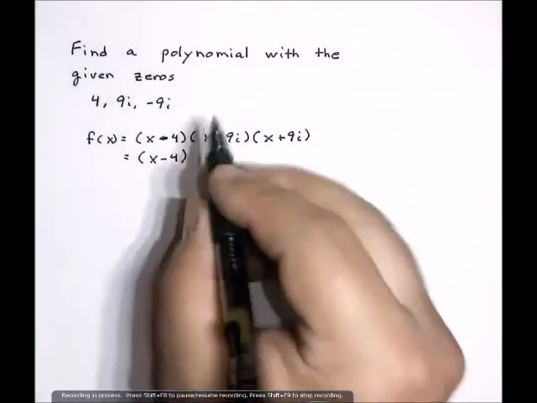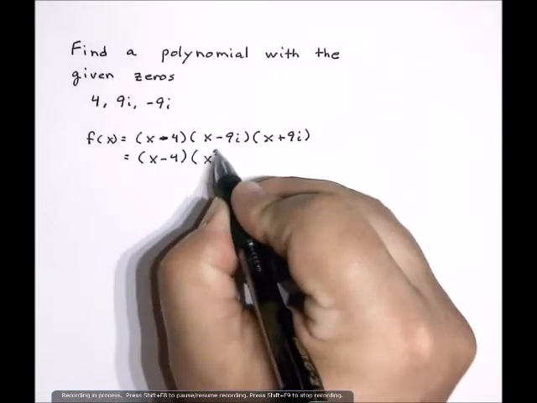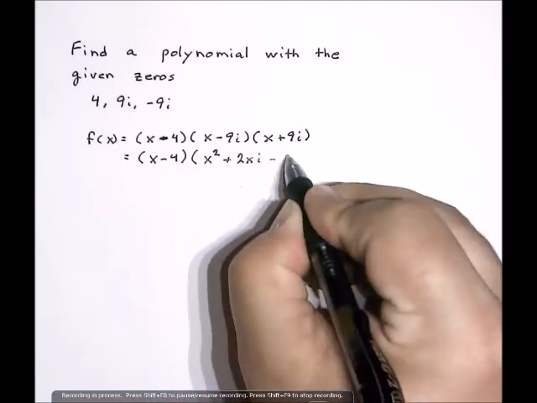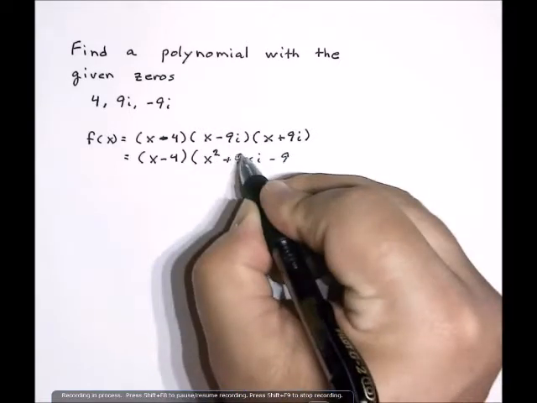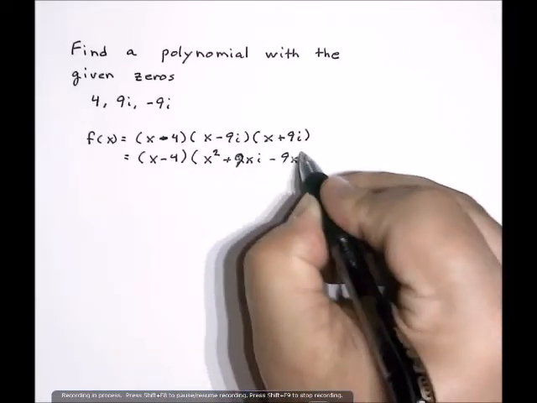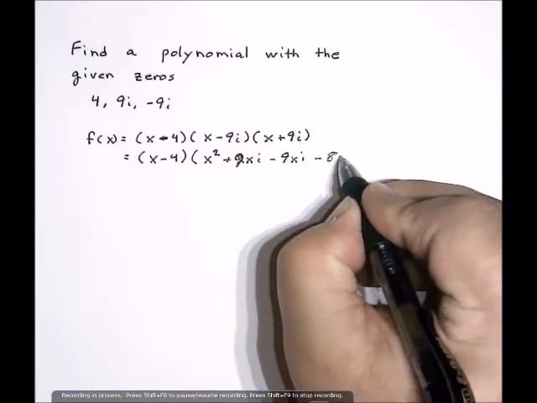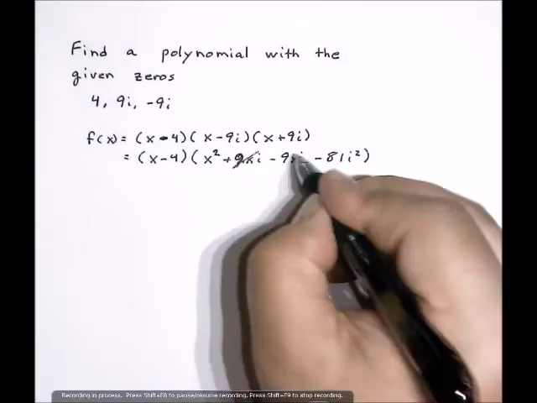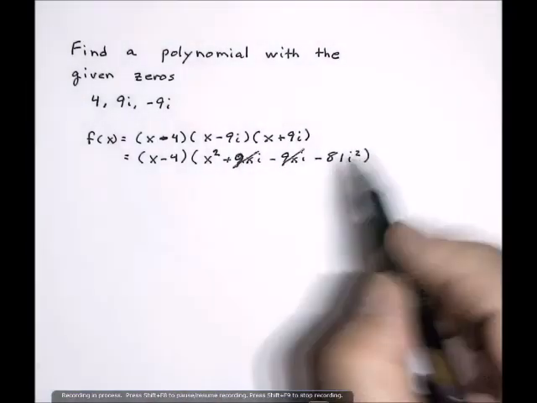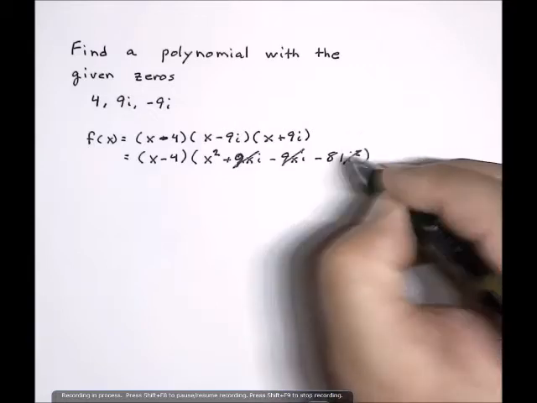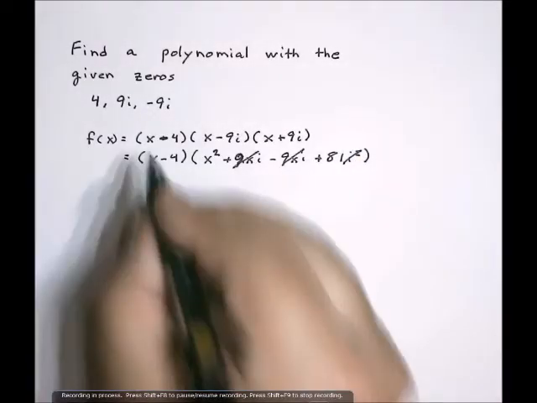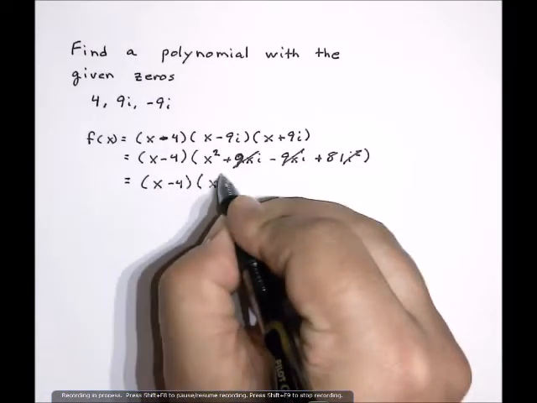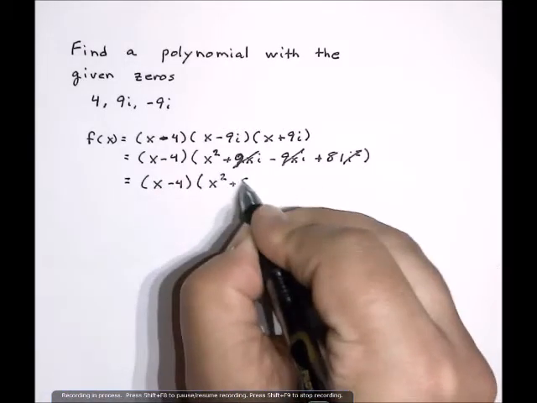So foiling it out, x times x is x squared plus 9xi minus 9xi minus 81i squared. The middle terms cancel each other out, and the i squared just changes the sign of the number it's attached to. So this is actually x minus 4, x squared plus 81.